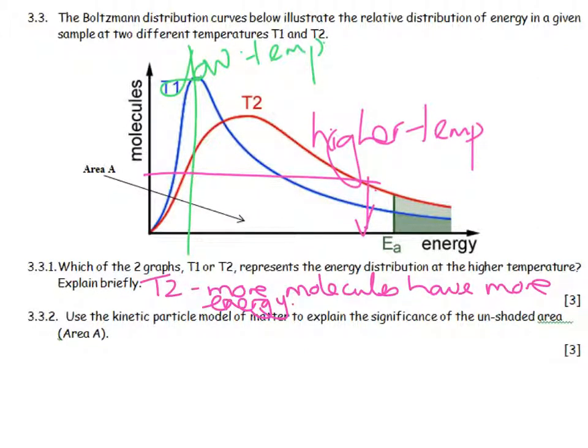Then it asks, use the kinetic particle model of matter to explain the significance of the unshaded area, area A. So all of these particles over here, it doesn't really matter whether you do it for temperature 1 or for temperature 2. It's going to mean exactly the same thing.